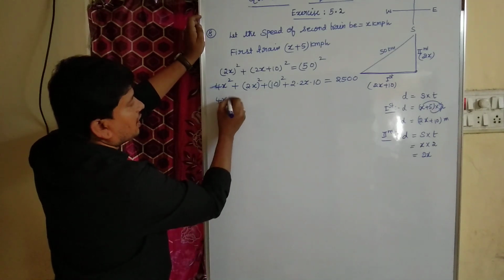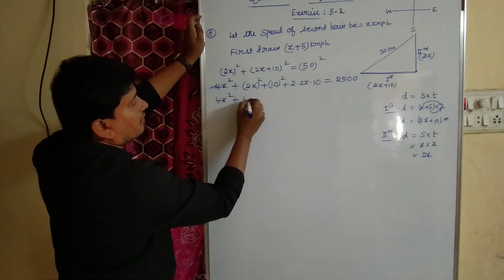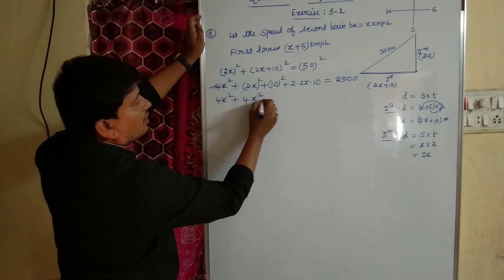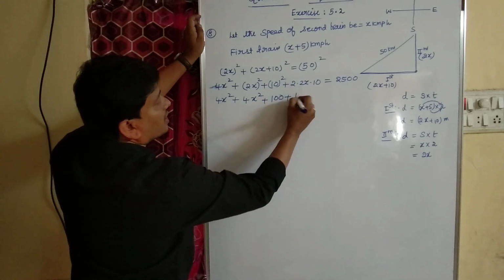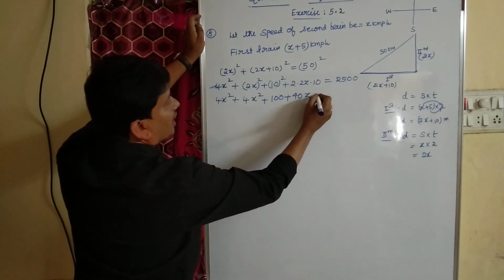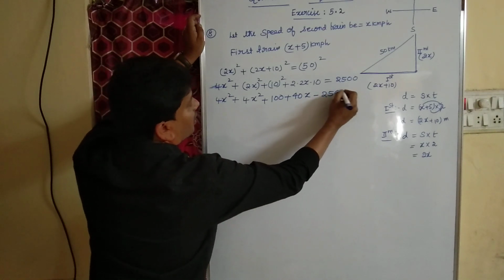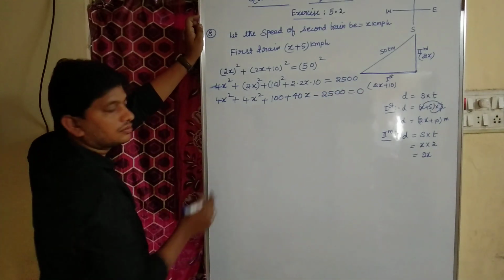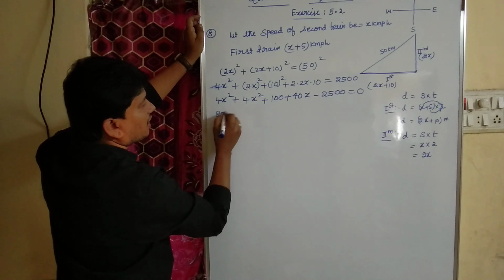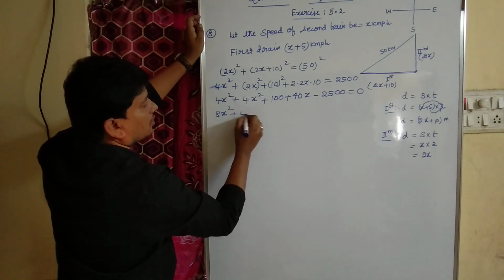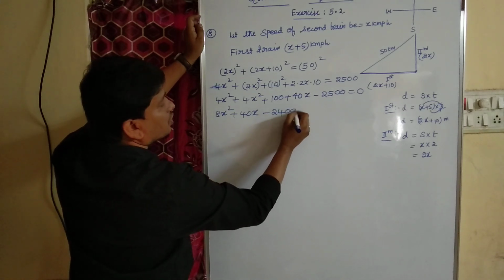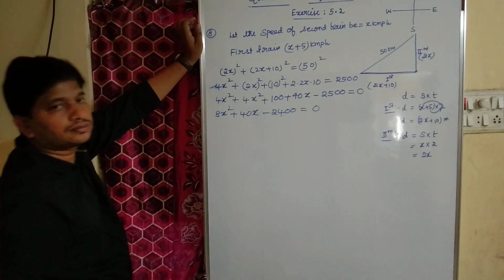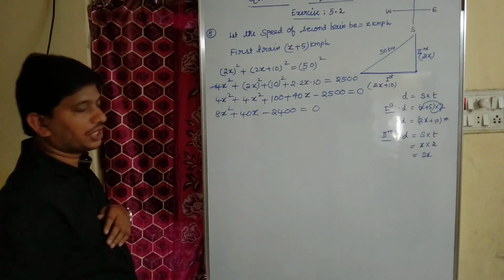So 4x square, 10 square 100, 2 into 2 is 4, 4 into 10 is 40x, minus 2500 equal to 0. 4x square plus 4x square is 8x square plus 40x, 100 minus 2500 which is minus 2400, equal to 0.